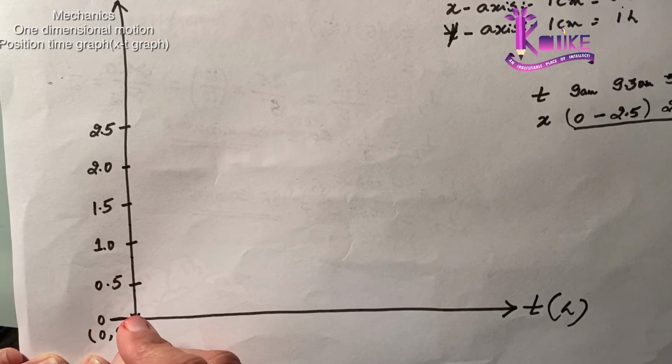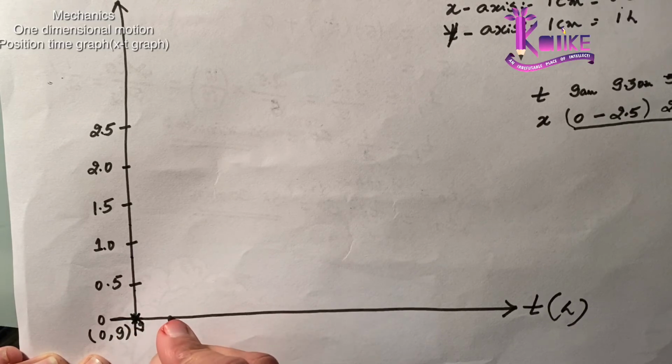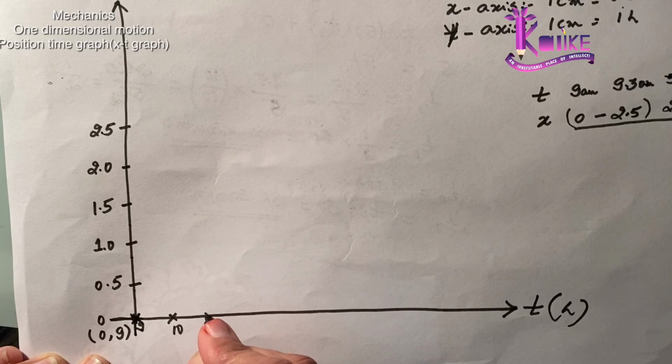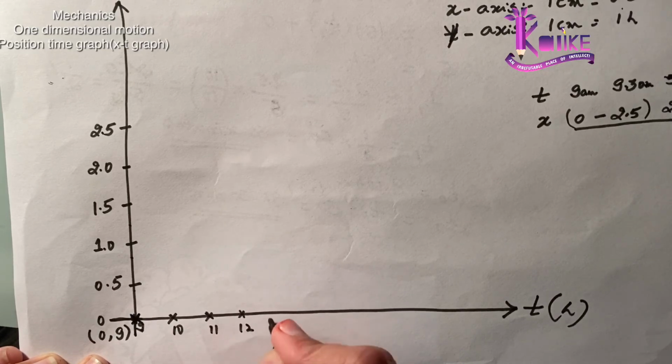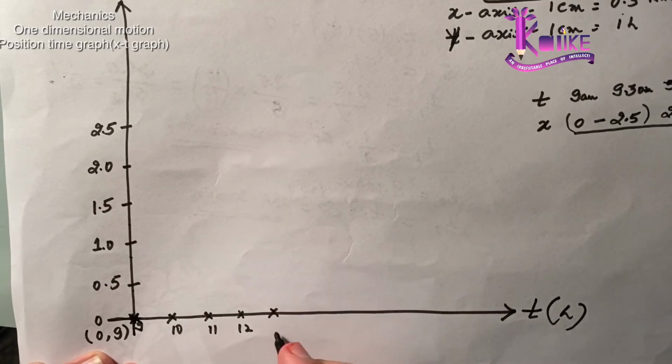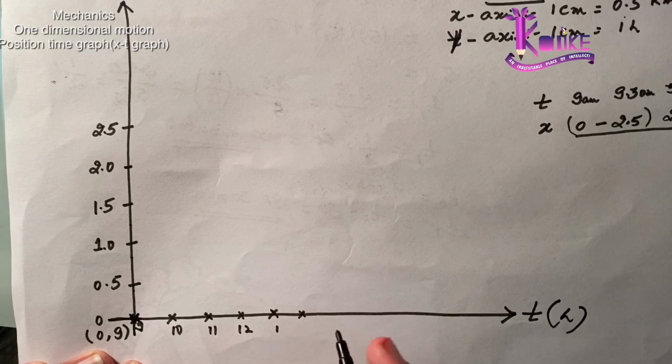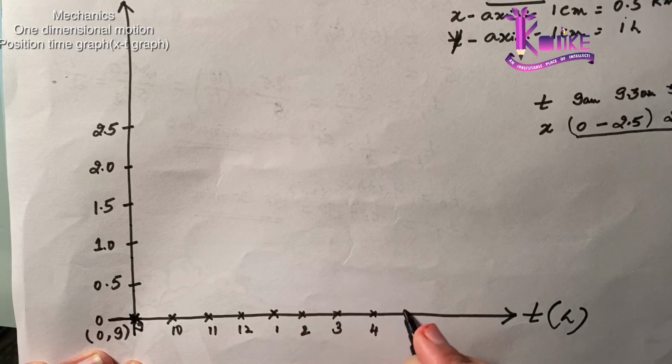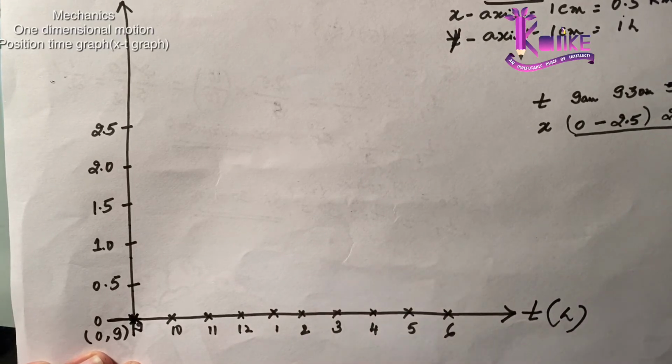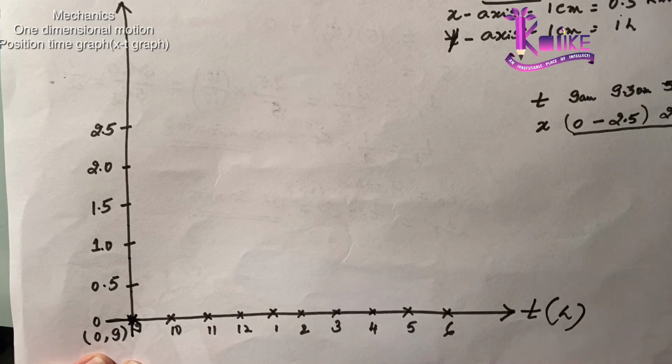So, now this will be 10 a.m., this will be 11, this is going to be 12 p.m., this is 1 p.m., this becomes 2 p.m., this is 3 p.m., this becomes 4 p.m., this is 5 and this is 6. This is what I need and it fits into my graph exactly.